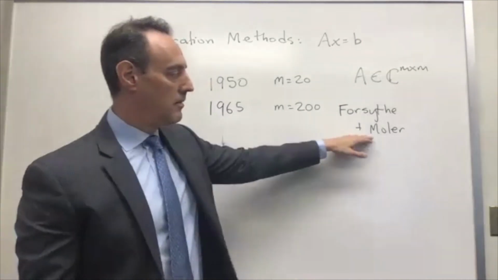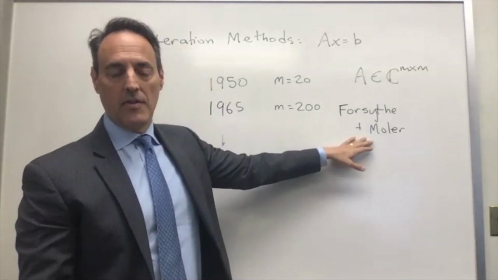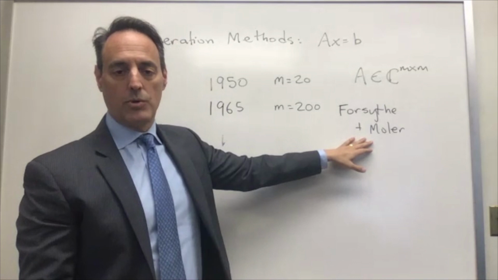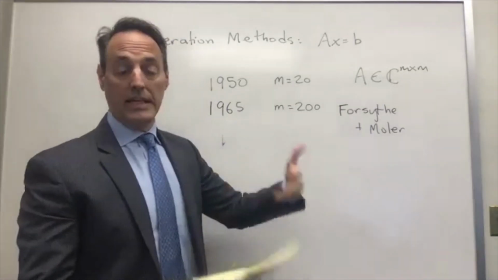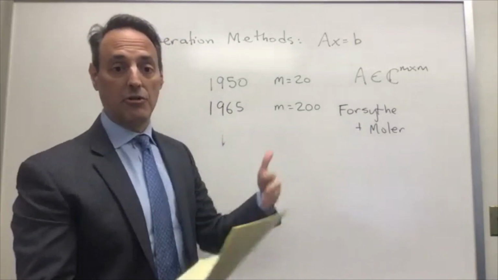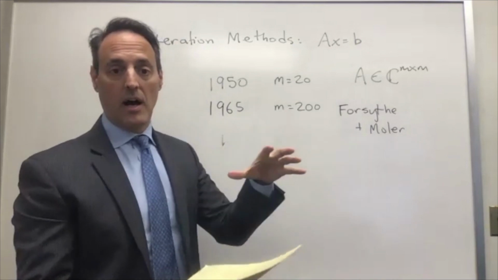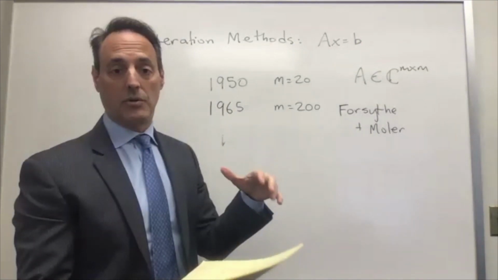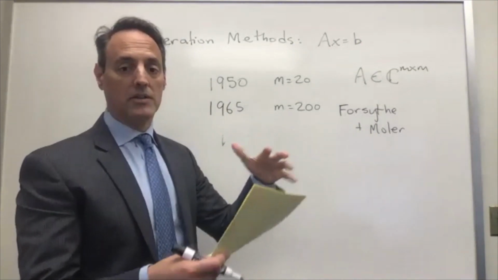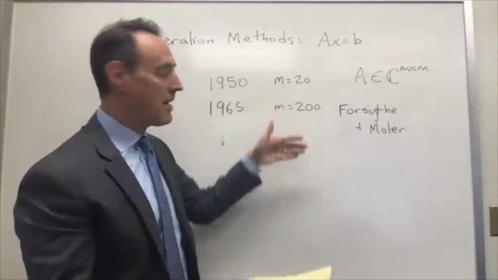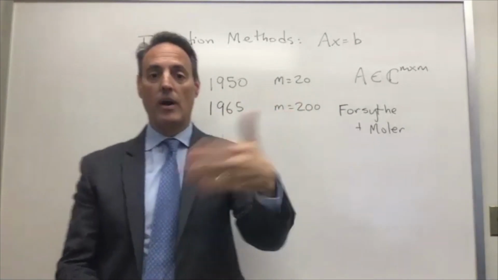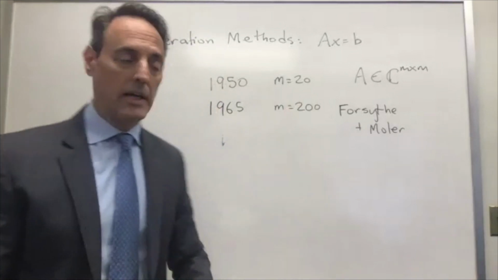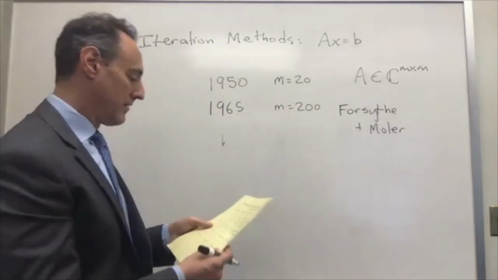Moler started developing this software package, which would allow people ease of use and the ability to do these computations in a nice way. He was really taking modern research and putting it into a computer framework where everybody could just use it. Okay, so this is 1965.